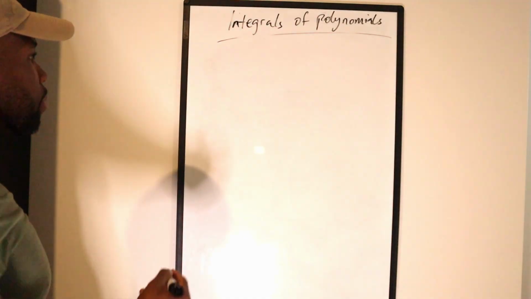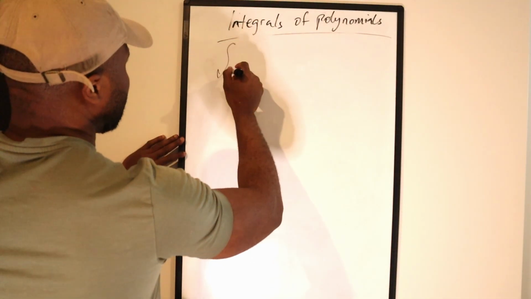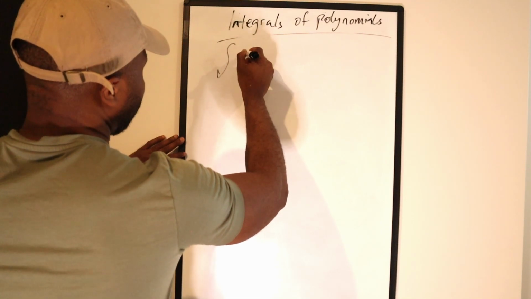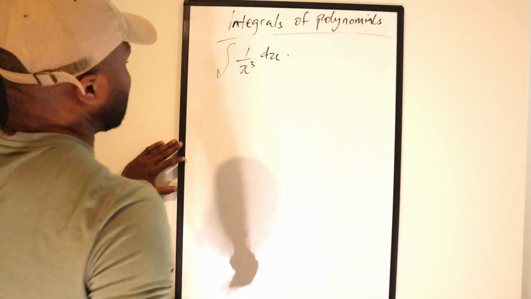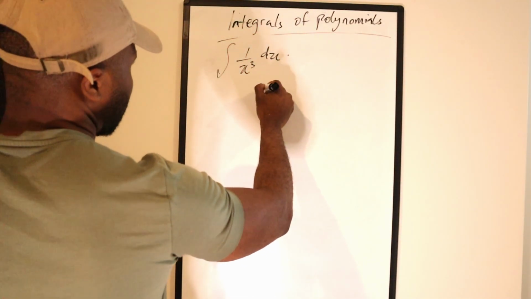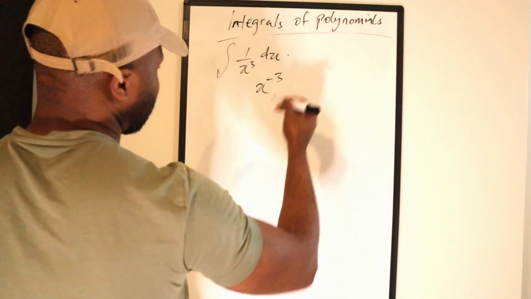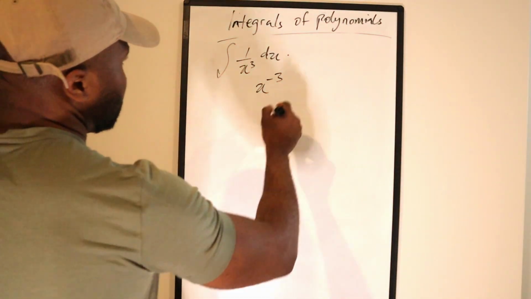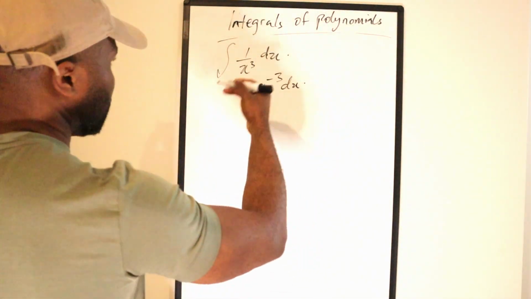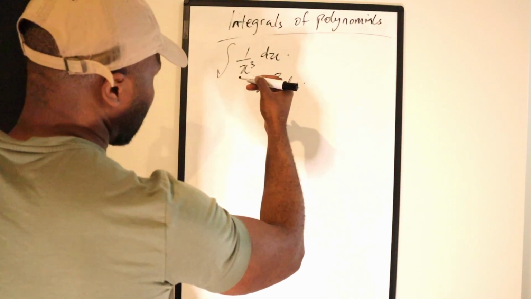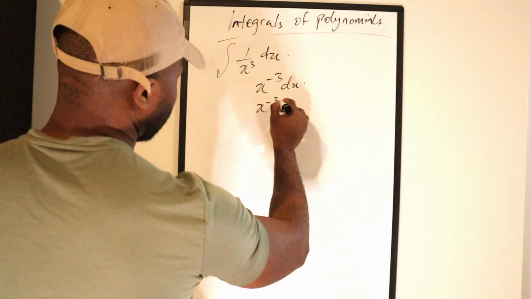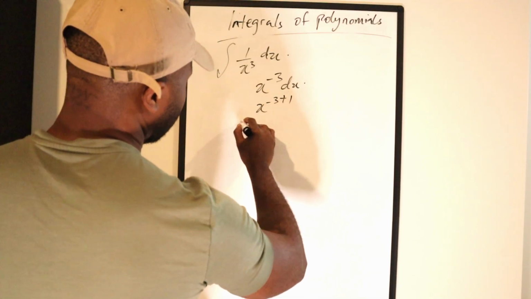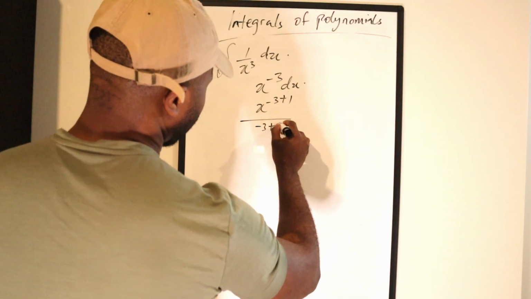We can solve more problems like this. Let's say we have the integration of 1 over x^3 dx. So this is equivalent to x^(-3) dx. To integrate this, we consider the power. So we do x^(-3+1) divided by -3+1.